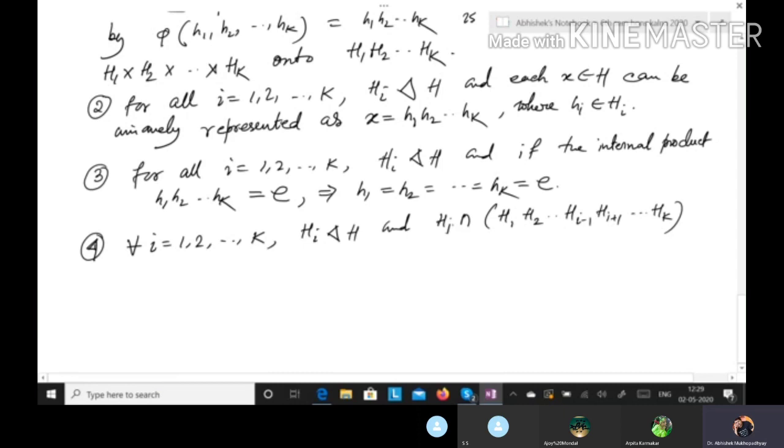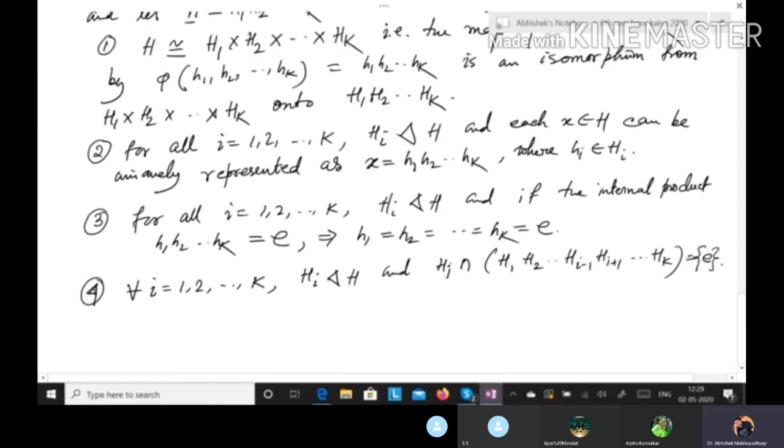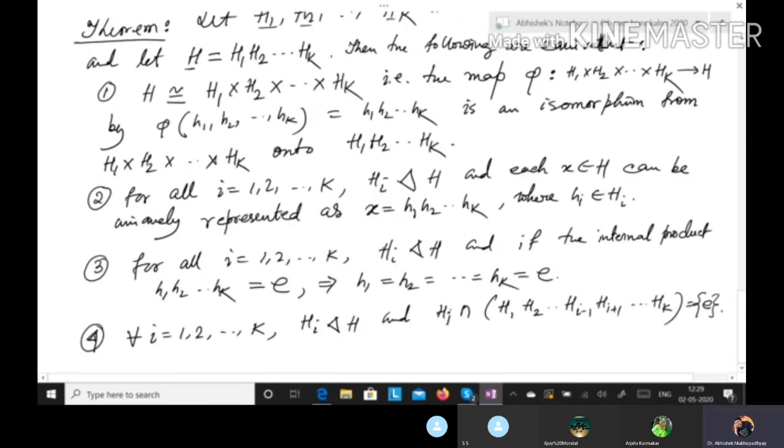So the intersection of Hi with this one must be the identity. So these are our statements, and we shall prove that each one will imply the other. That is, the following are equivalent.